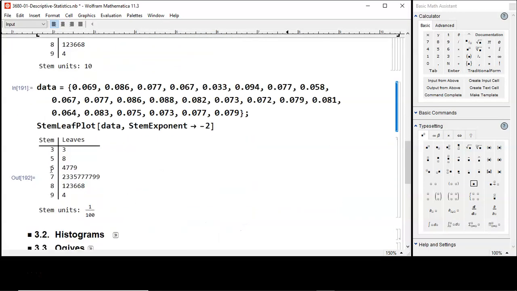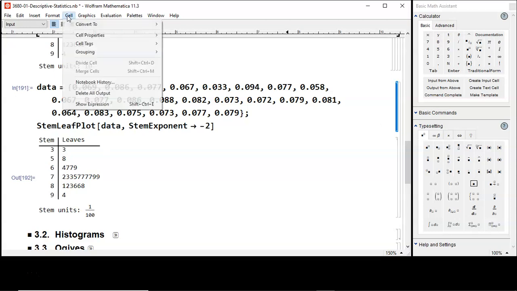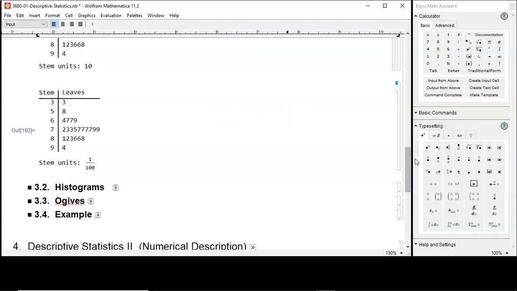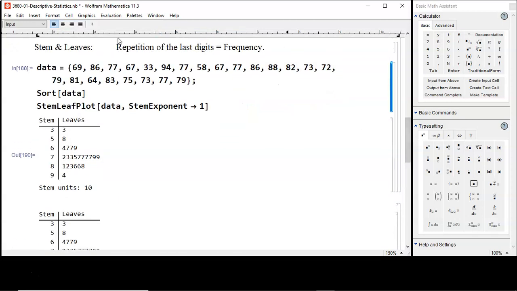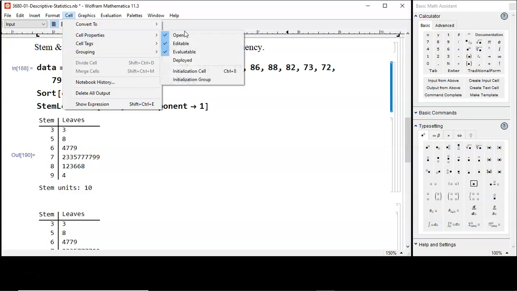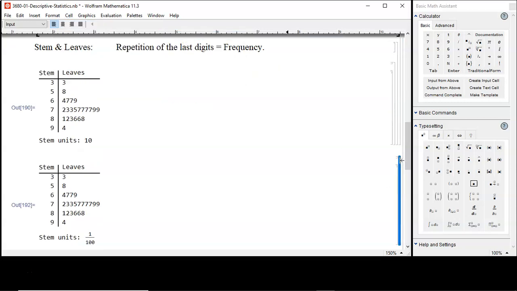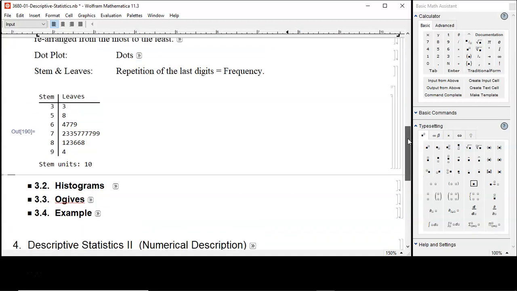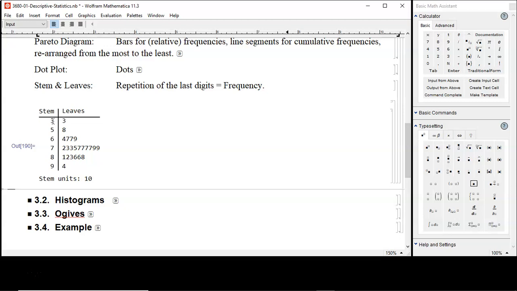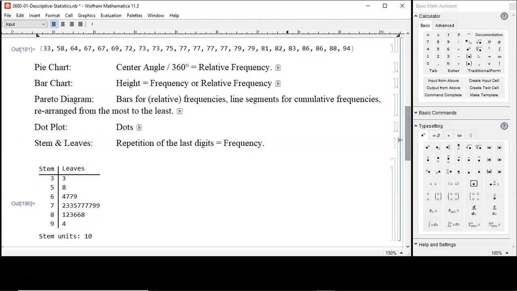So the stem unit is the second decimal digit, and the leaf part is the third decimal digit. So you can change all those decimal digits if you want to. And that's what the stem unit is talking about. If the stem unit is 1000, then I'm talking about 1000 and 3000 and 300, kind of like that.